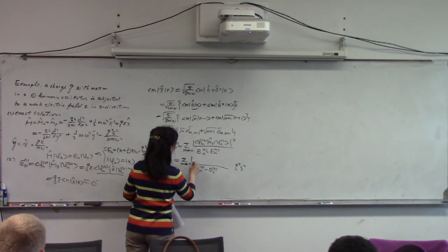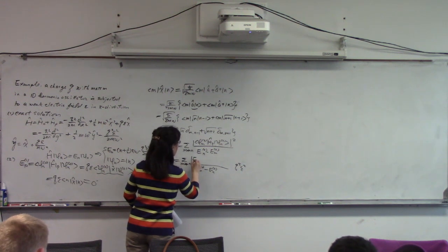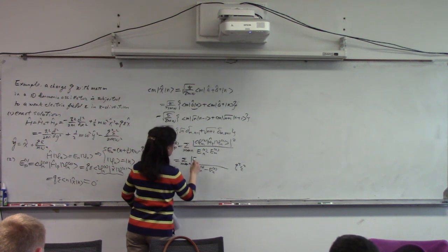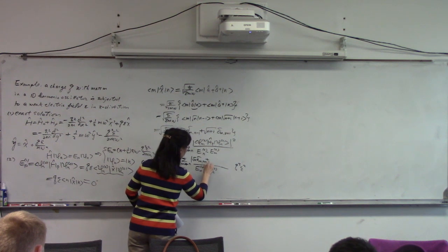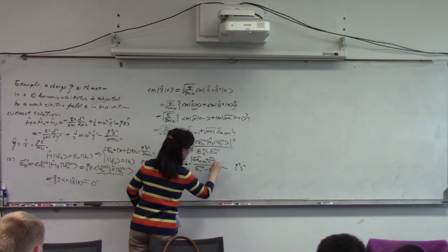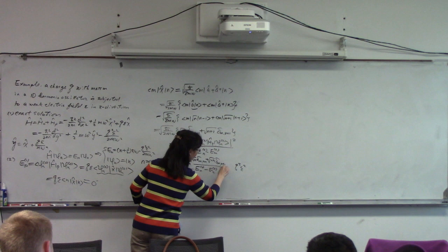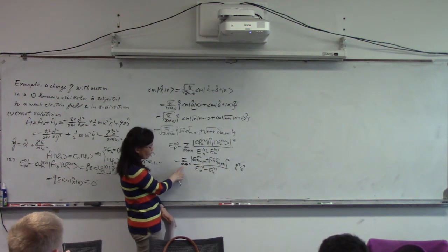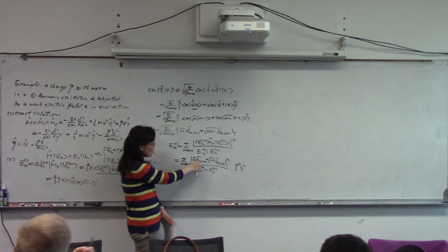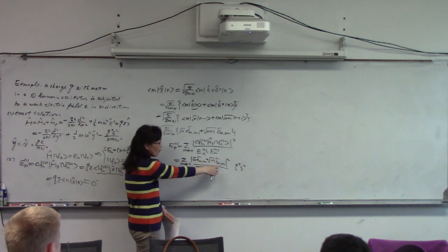So that is a summation. Here, let's be careful. Okay, let me do this: square root n delta m, n minus 1 plus square root n plus 1 delta m, n plus 1. Now you can see if m equals n minus 1, this term is non-zero. If m equals n plus 1, this term is non-zero.